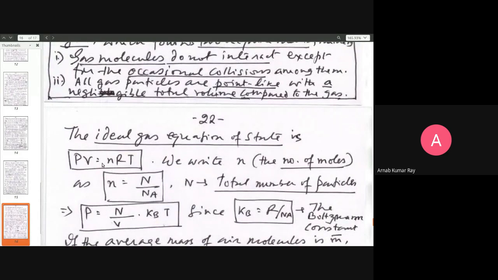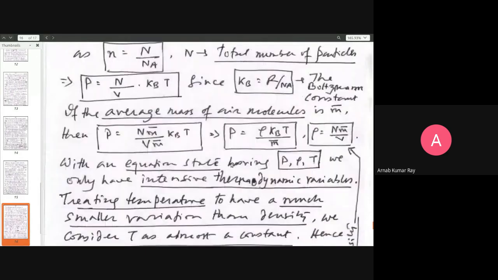You started with PV is equal to nRT, and now instead of volume, you've got a new variable, air density. P is equal to rho times a fundamental constant kB times T divided by another constant, which is the average mass of air molecules.